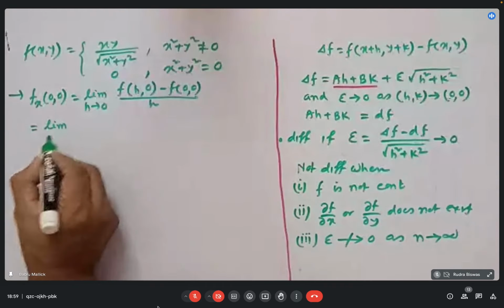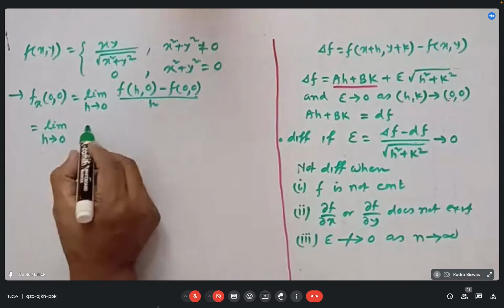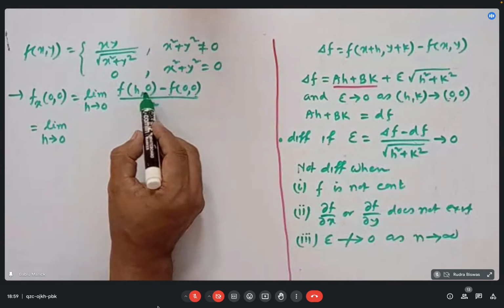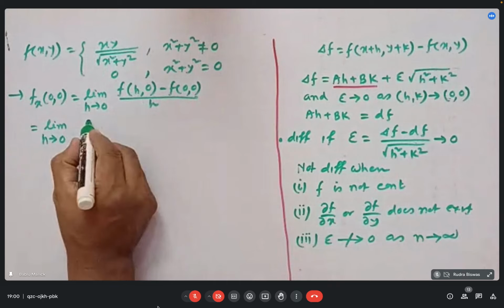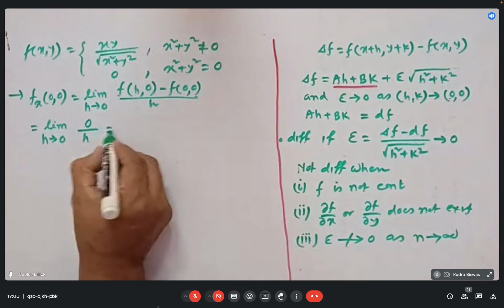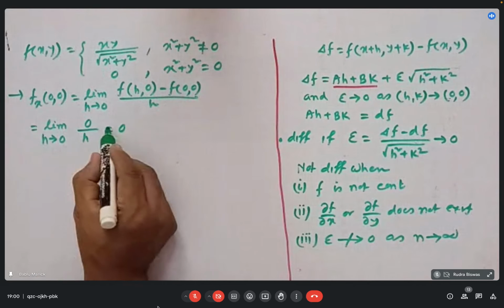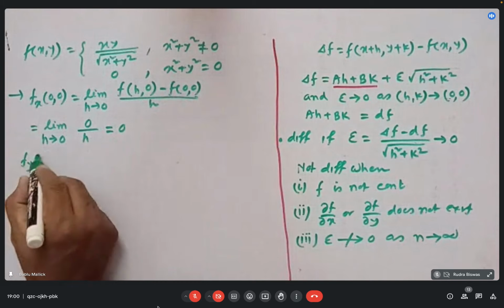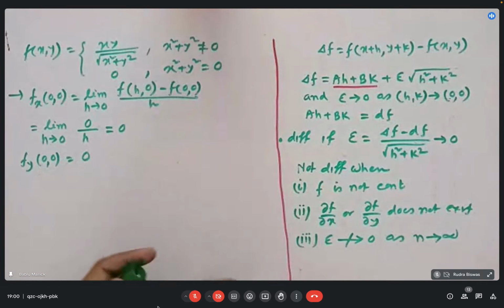So this is limit h tends to 0, f of h comma 0, meaning in place of x we shall put h and in place of y we shall put 0. So finally it will be 0 divided by h, which is 0. f_x at 0 0 is equal to 0, and similarly f_y at 0 0 is also 0.